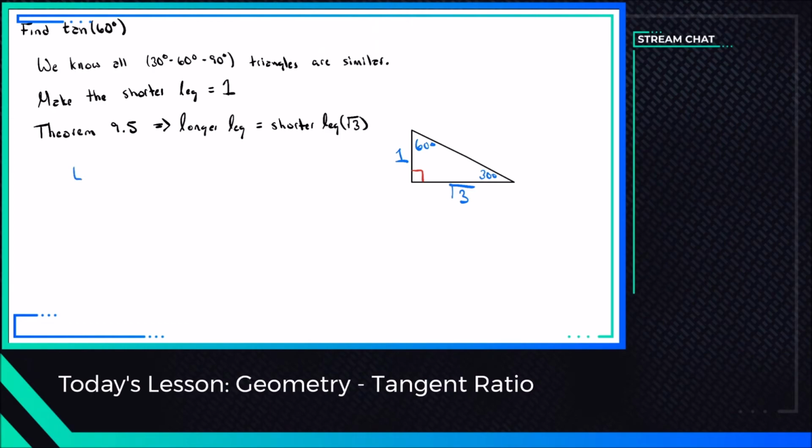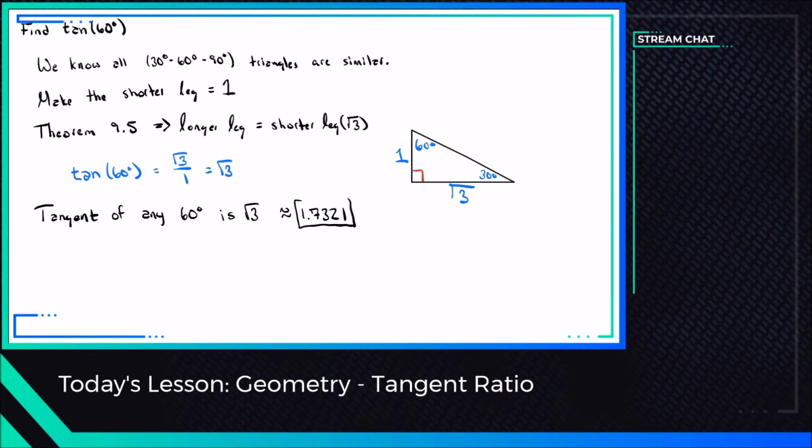So the tangent of a 60-degree angle, any 60-degree angle, is equal to the square root of 3 divided by 1, or the square root of 3. So the tangent of any 60-degree angle is the square root of 3, which is approximately equal to 1.7321.